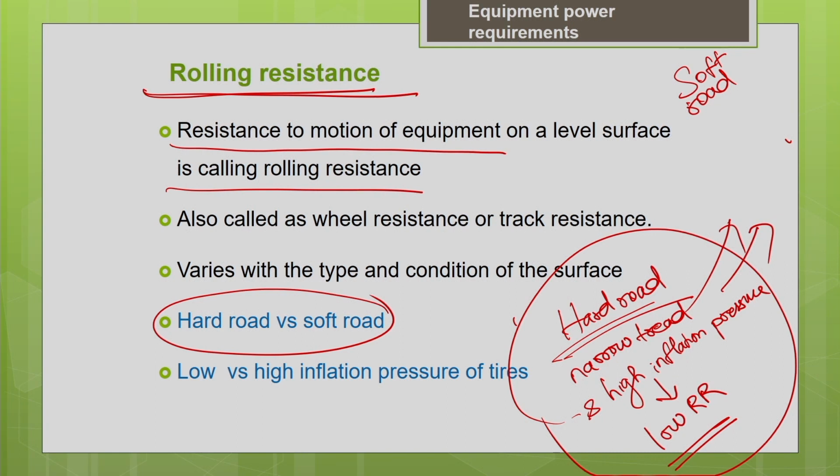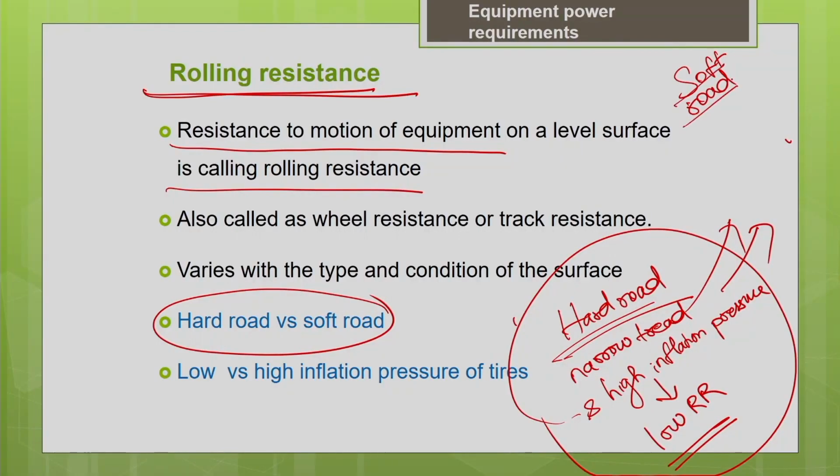It can easily sink into the road if it has high inflation pressure and narrow tread, because generally on softer surfaces the tire tends to sink. It sinks to a depth till it attains a contact area so that the load can be distributed.